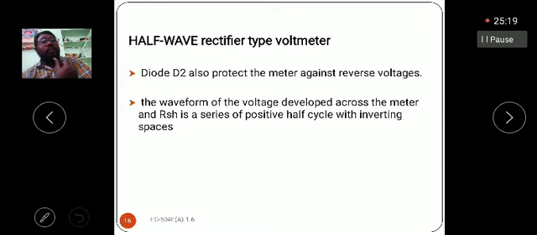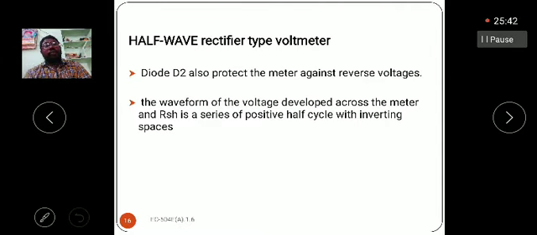The waveform of the voltage developed across the meter and shunt resistance consists of positive half cycles. That means at the output we get only positive half cycles, and during negative half cycles we get zero voltage.